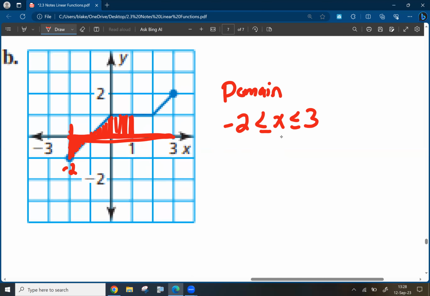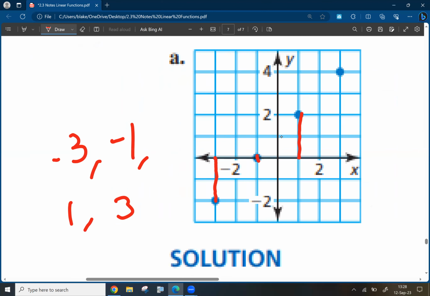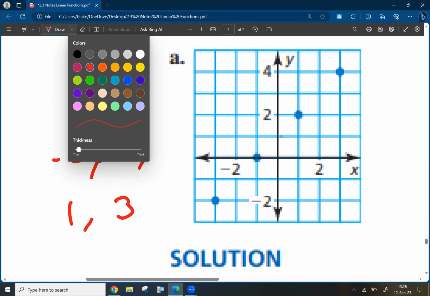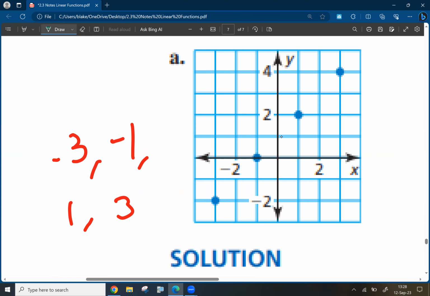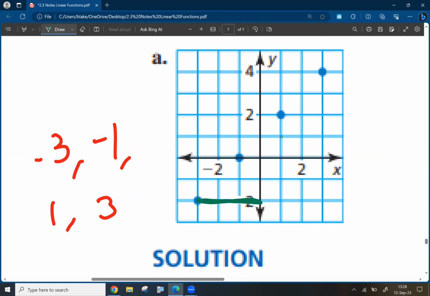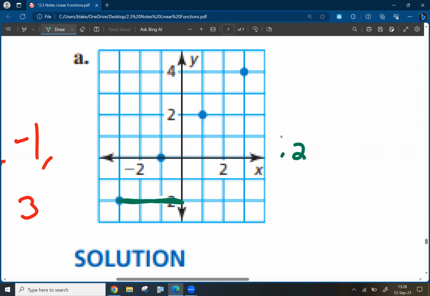All right, contrary, let's go back and let's look at range now for these. So these had 4, again, very specific points. The range is where they're connected on the y-axis. So if I connect these to the y-axis, you'll see this connects at -2. This connects at 0.